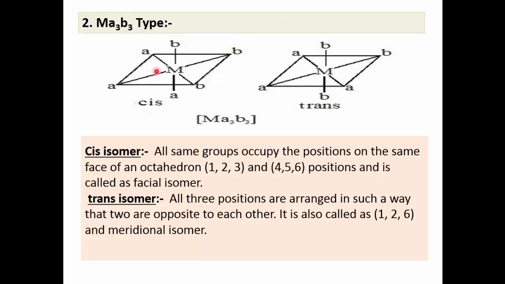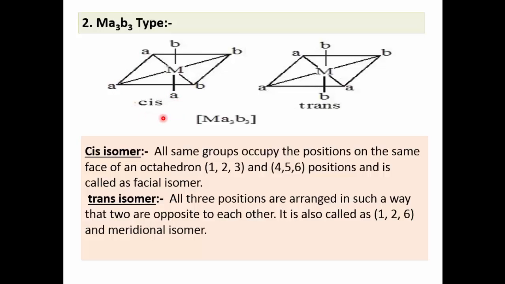Ma3B3 type. In case of this, 3 same ligands are present, and again another 3 same ligands are present. So when the B ligand is situated at 1, 2 and 3 position, it is called a 1, 2, 3 isomer, or it is also called a cis isomer. Similarly here another ligand is present at 4, 5 and 6th position, so this is the cis isomer.